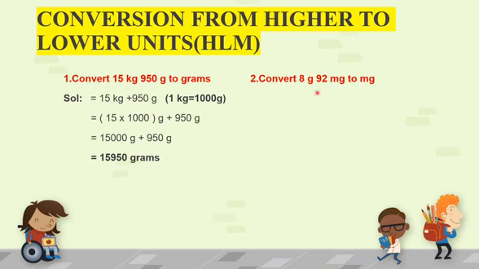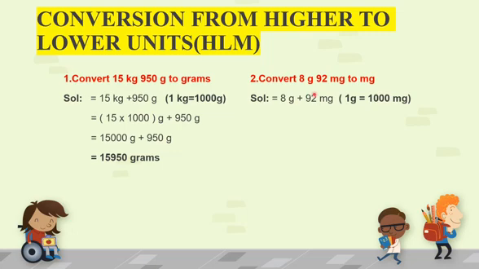Convert 8 gram 92 milligram to milligram. Gram to milligram, higher to lower unit. Then the solution: 8 gram plus 92 milligram, and there we will find the relationship. 1 gram equals how many milligram?